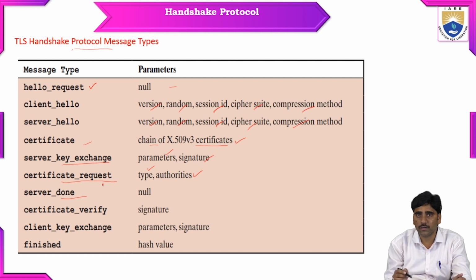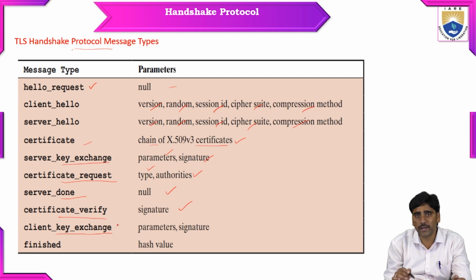And Server Done: once the client establishes the connection with the server, the server indicates it is done, and its parameters are also null. And Certificate Verify: the signature is verified.